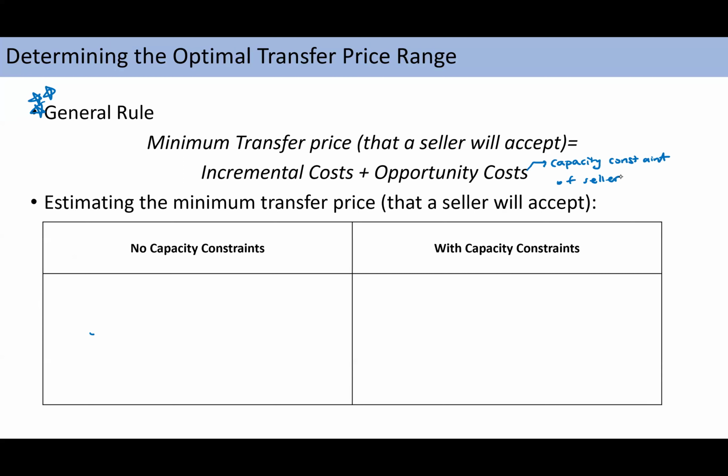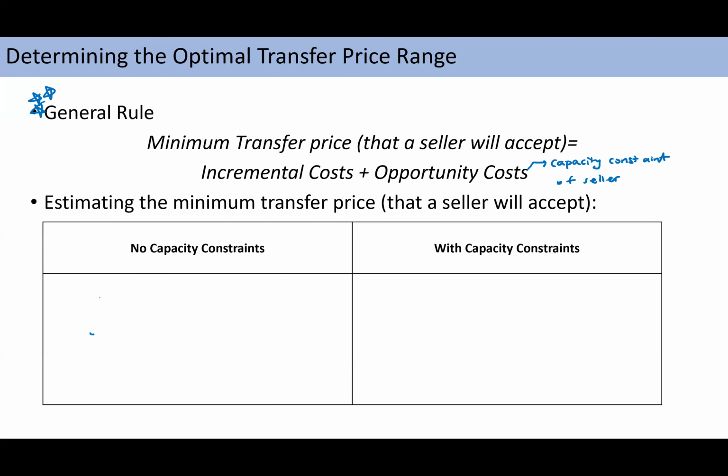So let's first look at what it looks like when there are no capacity constraints. So in this case, the seller can produce up to 100 units and they don't have an external customer yet, and the buyer wants to buy 50 units. So they can produce the 50 units within their capacity limits. So in this case, the opportunity cost of the seller is 0 because they have no capacity constraints.